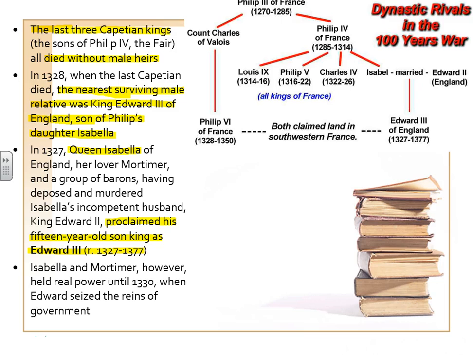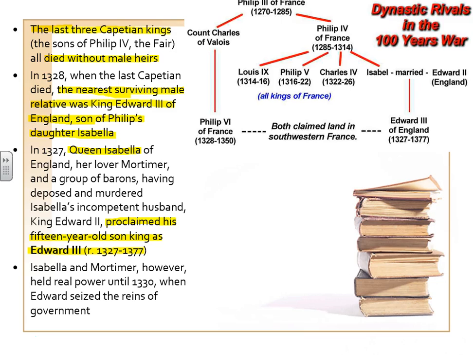And they are going to create a legal challenge that they will then claim that King Philip IV's nephew would in fact be the correct heir. So his brother was the Count Charles, who had a son, Philip VI. So I know this is complicated, but bear with me, all right? This is what the rewind button is for, so that you can go back and listen to this a couple times so that you can get it straight in your head.